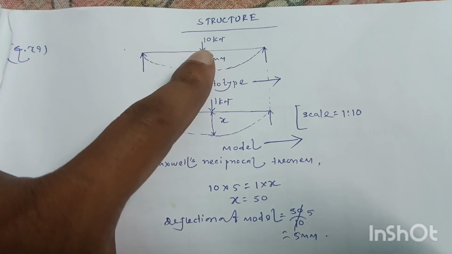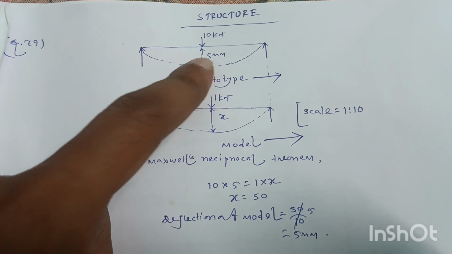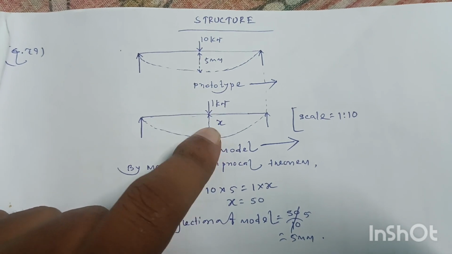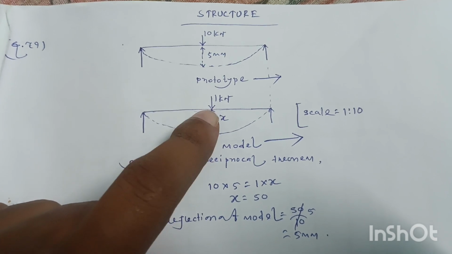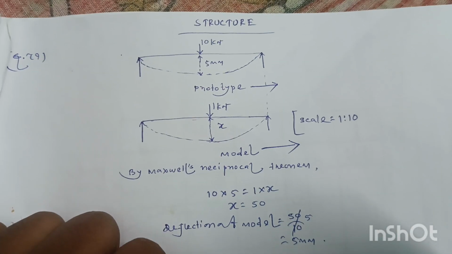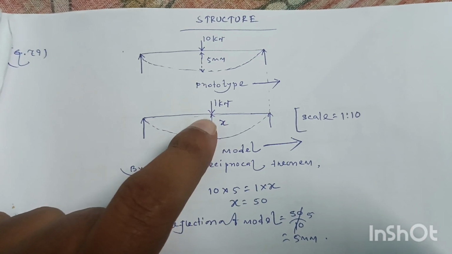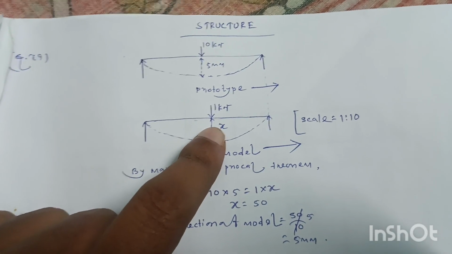When at the center 10 kN load is applied, the central deflection is 5 mm, that is prototype structure. And when at the model of the beam the central load of 1 kN is applied, the central deflection is required to be found out for this question. So let's assume the deflection at the center for this model is x mm.